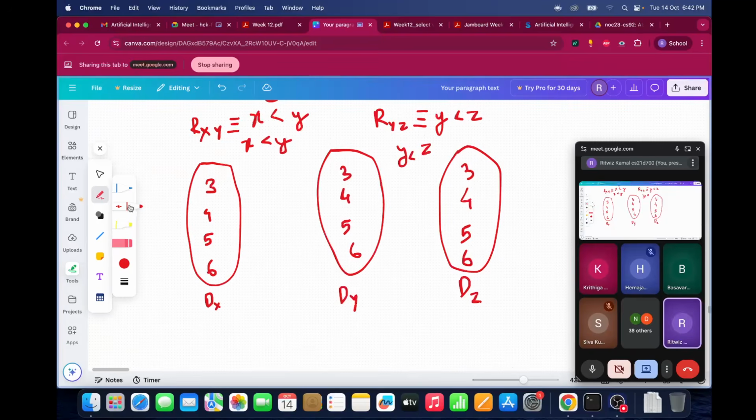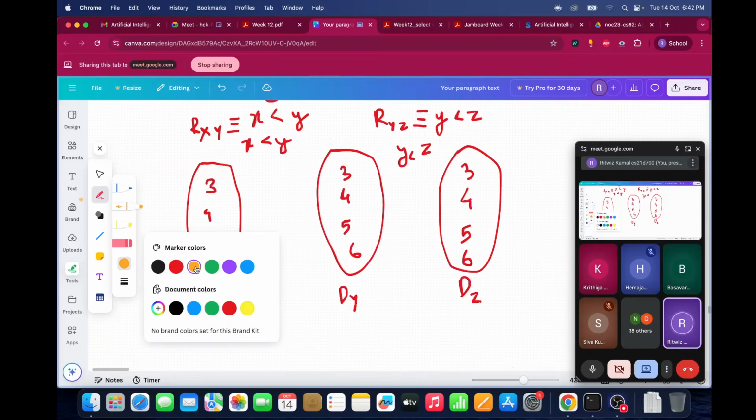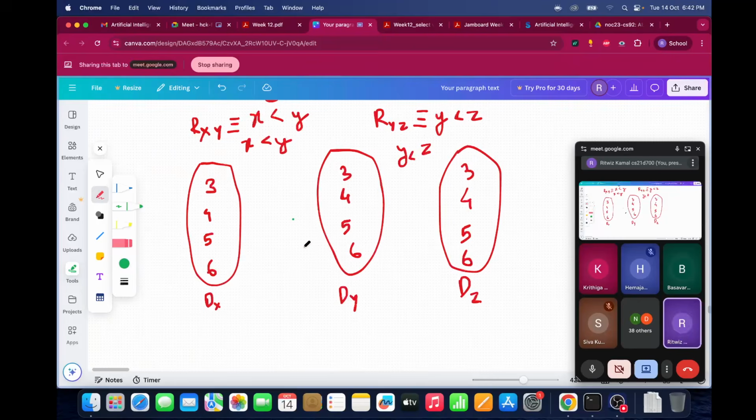For example, let me use a different color, let's say green. So let's consider each number in the domain of x. Let's consider 3 first. So we know that x is related to y alone, so we only need to look at dx and dy for this constraint, x less than y.